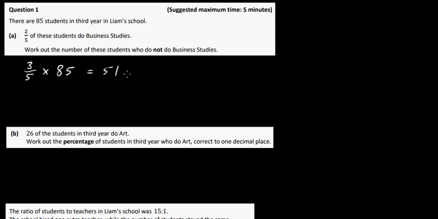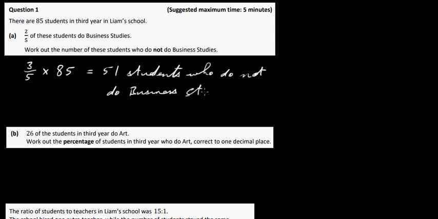So we get 51 students who do not do business studies. That's it for part A.